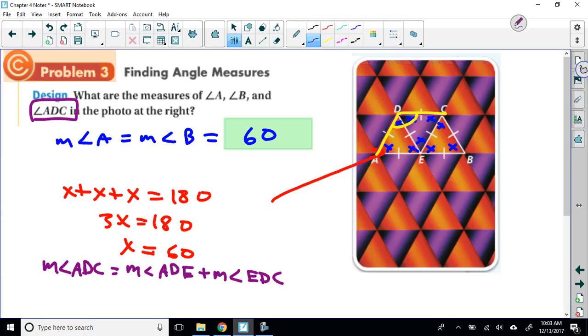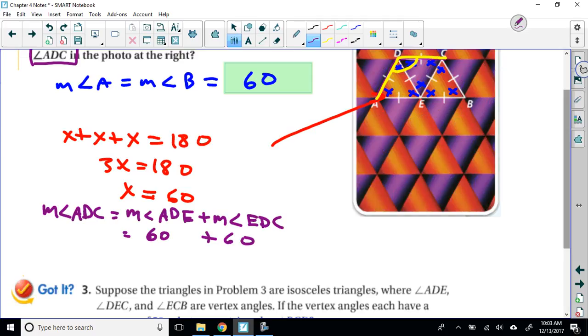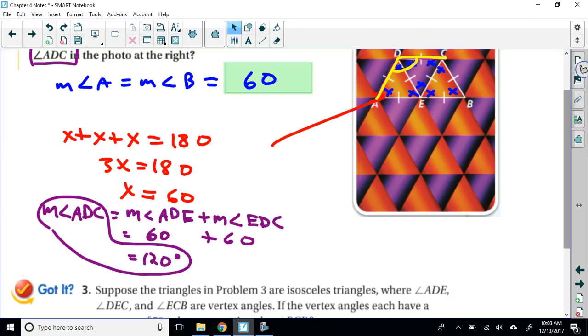And ADE measures out to be 60, and EDC also measures out to be 60, and that sum then is going to be 120. And we knew that all along because we could have just doubled the 60, right? So anyway, that ends up being 120. Okay, so our two answers for this one, the measure of angle A, which equals the measure of angle B, is 60, and the measure of angle ADC is 120.